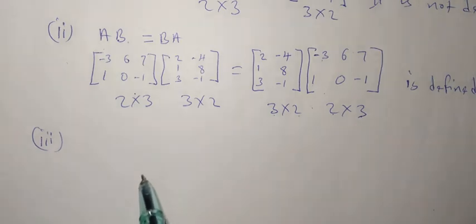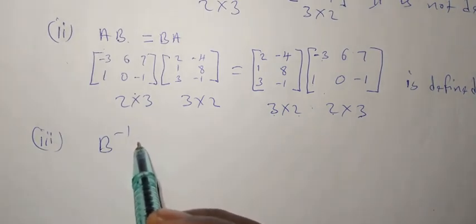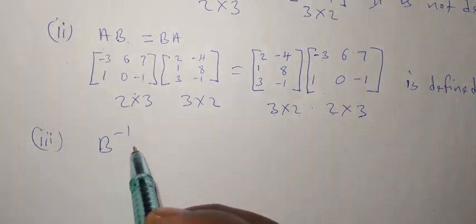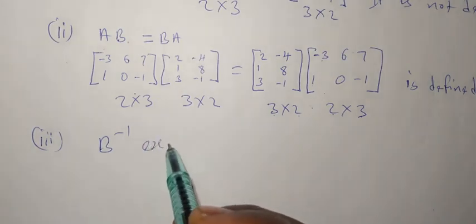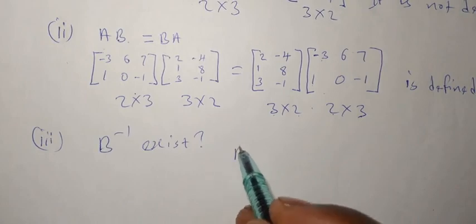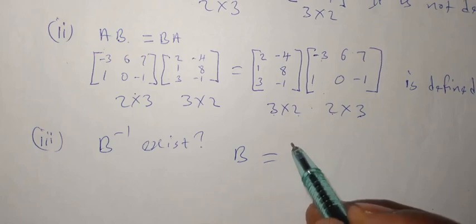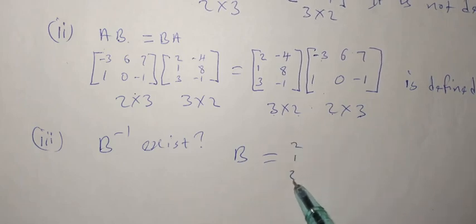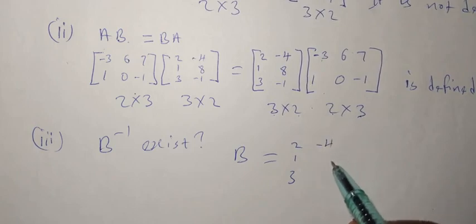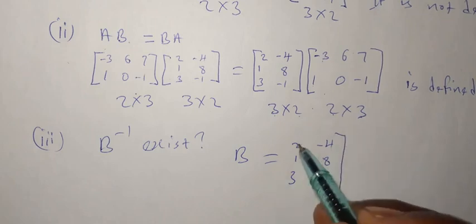The third question asks: does B inverse exist? Let's see this. B is equal to 2 1 3, minus 4 8 and minus 1.